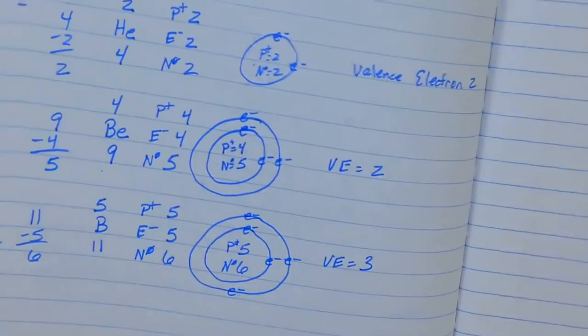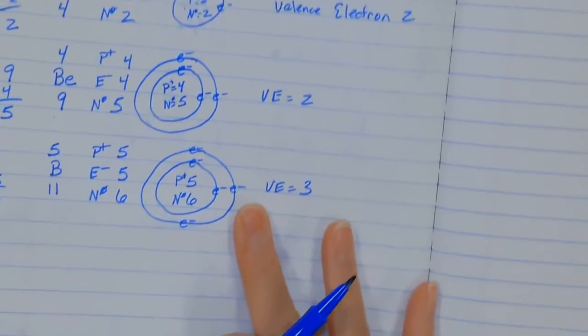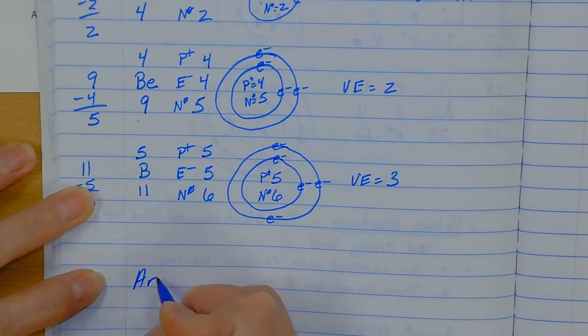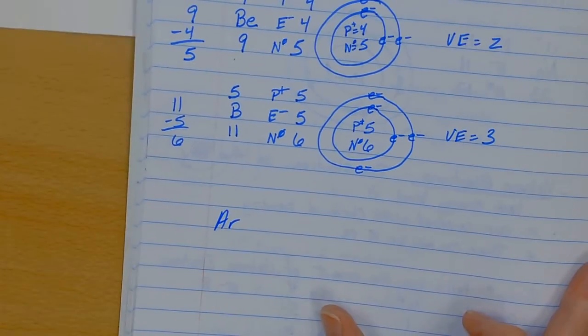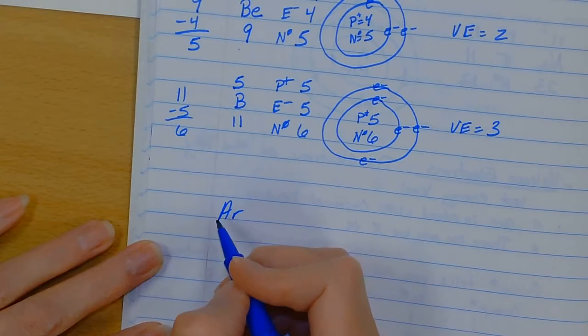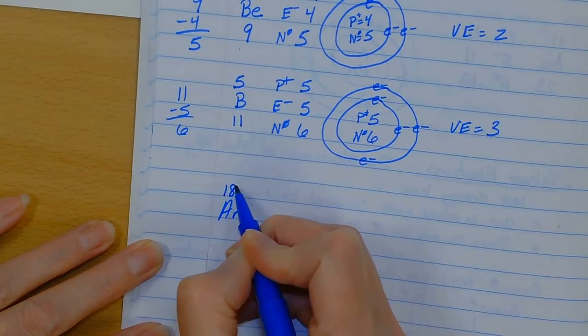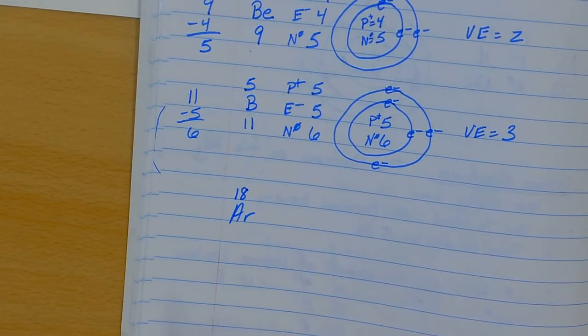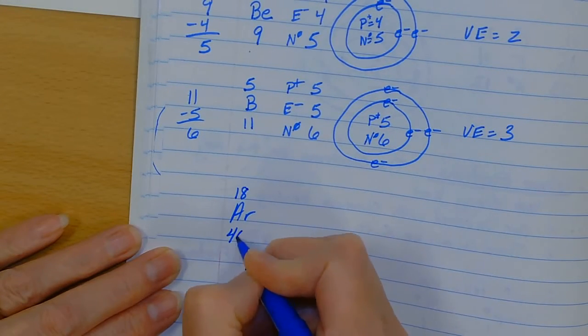So now if we skip over and let's look at argon. Okay, argon, Ar. Argon is atomic number 18. It is 39.9, so that makes it 40.